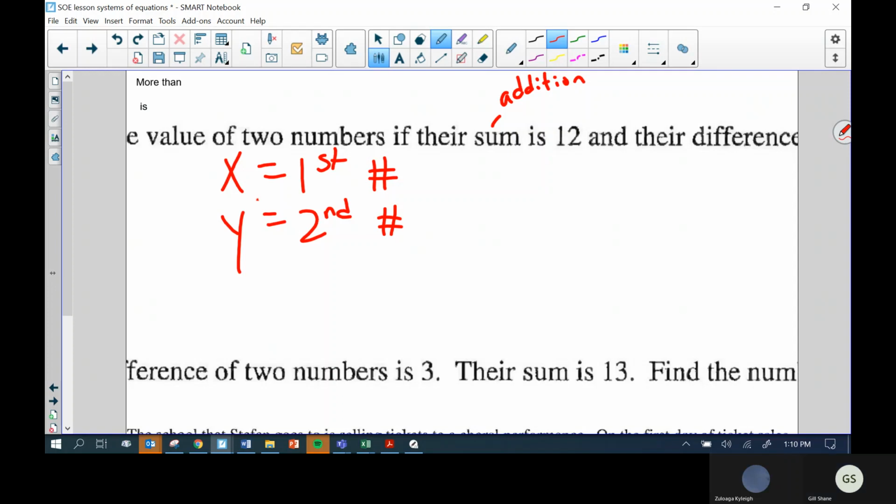Also, total is going to wind up being addition too, but I'm not going to write that. Like the total goals in the last problem, that led to addition. The total money spent, that leads to addition. I'm not going to write those because that's just too broad and vague. We'll do some other ones though.